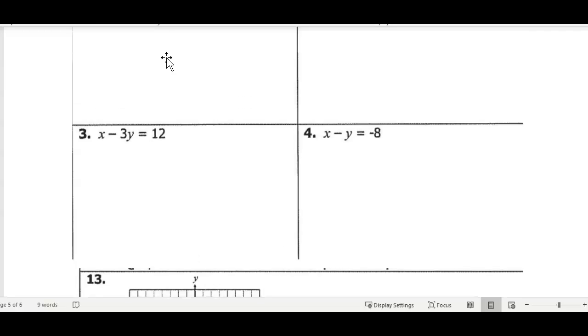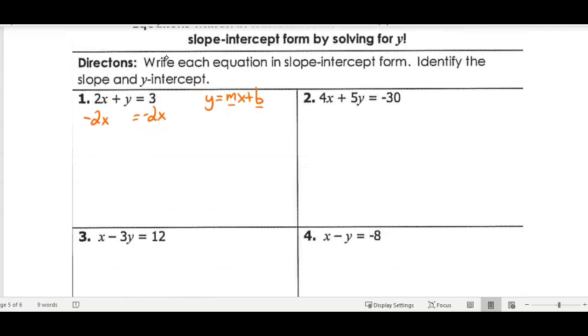When I simplify, I get y equals, follow this order. Your x's go first, so I have negative 2x, and then my b goes last. So there it is, now written in slope-intercept form. My m equals negative 2, and my b equals 3.